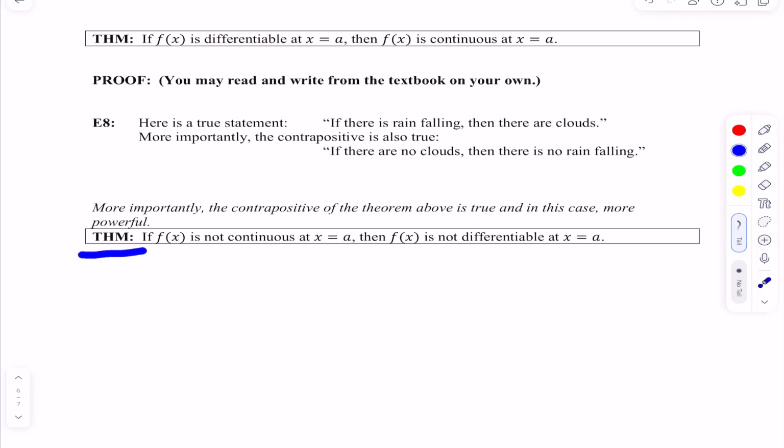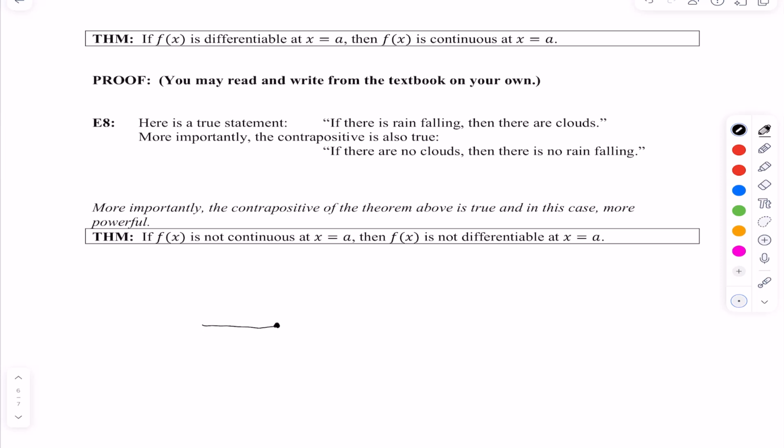So here's a theorem which is really the contrapositive of the theorem above. It's also logically very, very useful in the study of calculus. If f of x is not continuous at x equals a, then f of x is certainly not differentiable at a. You could actually draw your own pictures, but a really good picture would simply be any function that goes up in steps.